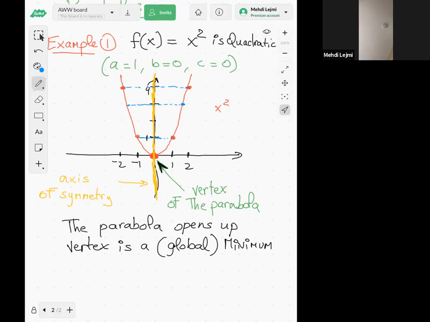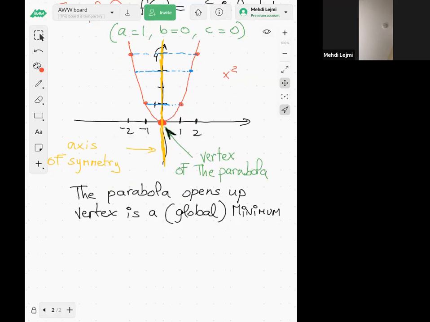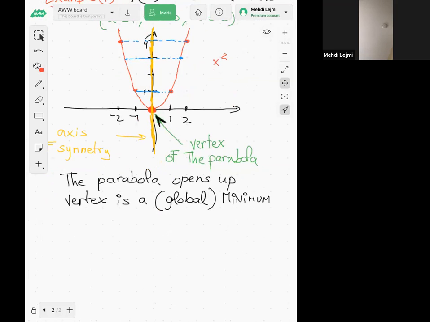Now, if you take minus x squared instead of x squared, so this is example number 2. Now, if we take f of x equals minus x squared, okay?